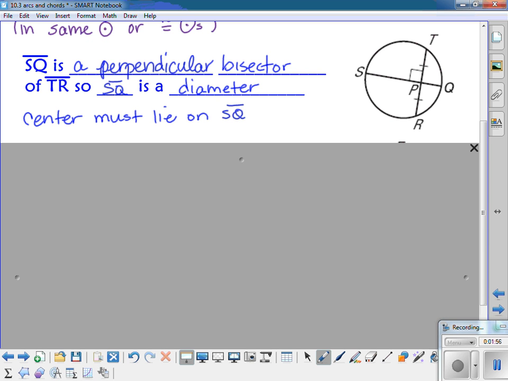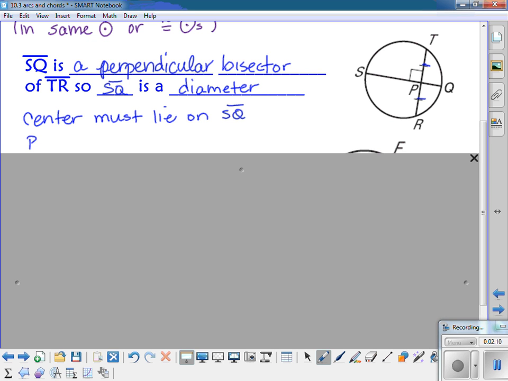And then because it's a bisector, you notice that PR and PT are congruent to each other. And then what also happens to be true then is that these arcs, TQ and RQ, are also congruent.